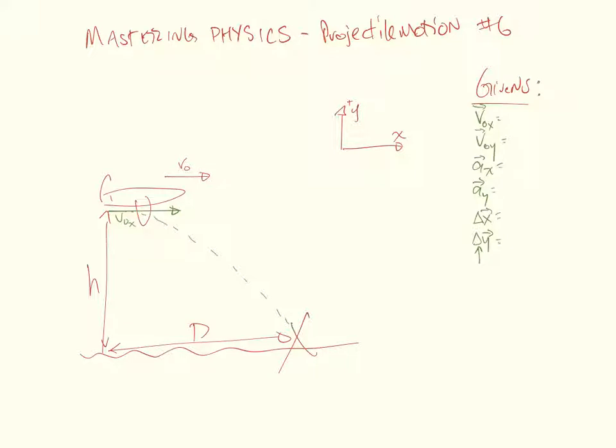So, do you know what initial velocity in the x direction is? 382. There you go. And I'm going to convert it to meters right off the bat. It looks like kilometers.